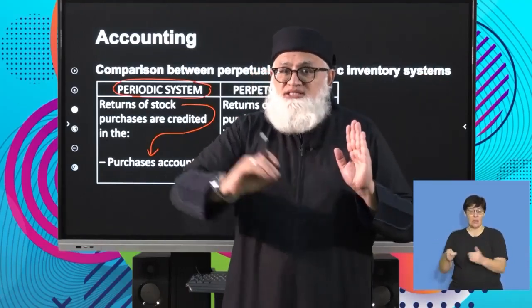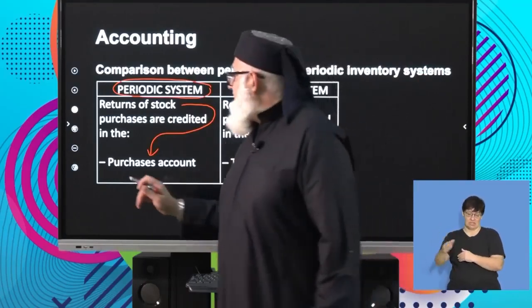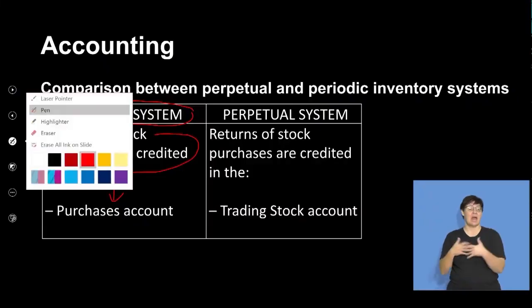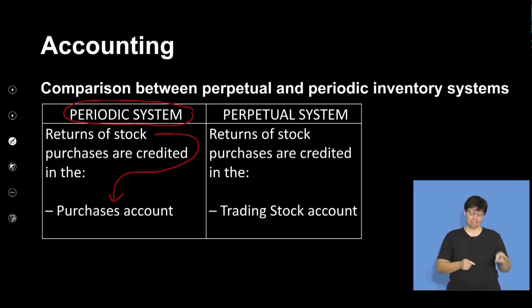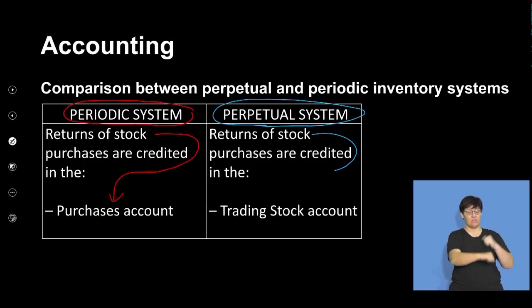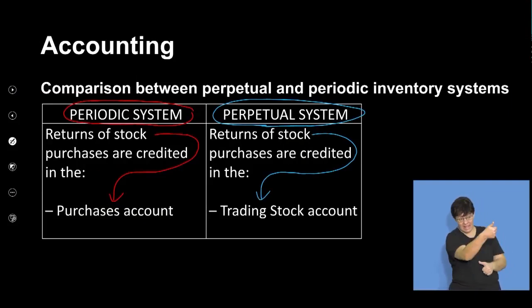Then when we're dealing with the perpetual system, returns of stocks are credited in the trading stock account.